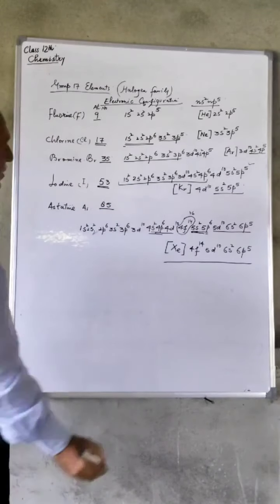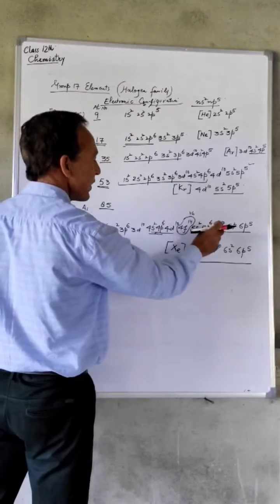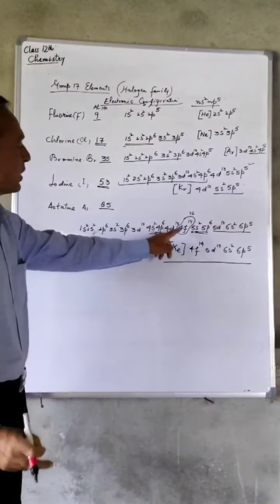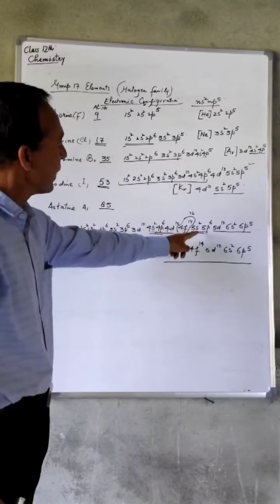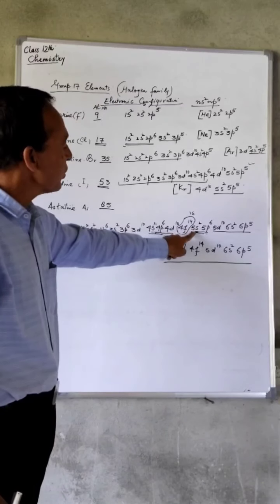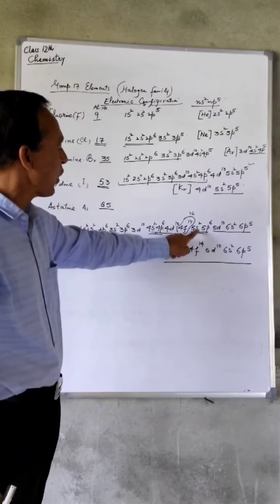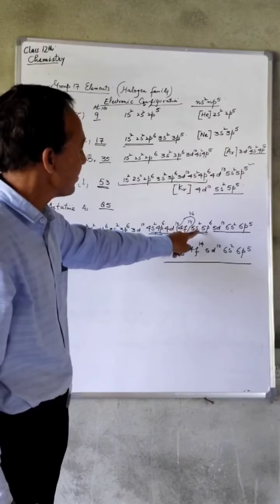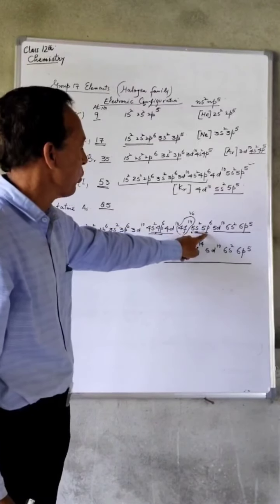Now the question arises, why are 5s and 5p filled first? If you look at the sequence, 4f comes before 5s, but according to the increasing energy of the orbitals, the energy of 4f is higher than 5s and 5p.